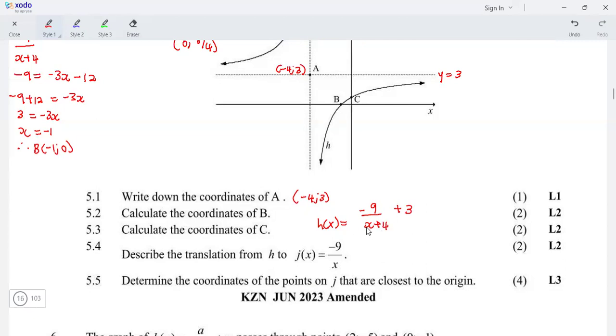The 4 is gone, and the only way that 4 will be gone is if you subtract 4. Subtracting means we have shifted to the right by 4 units. That's the first one. And then the 3 is gone, so you subtract 3, which means 3 units downwards.